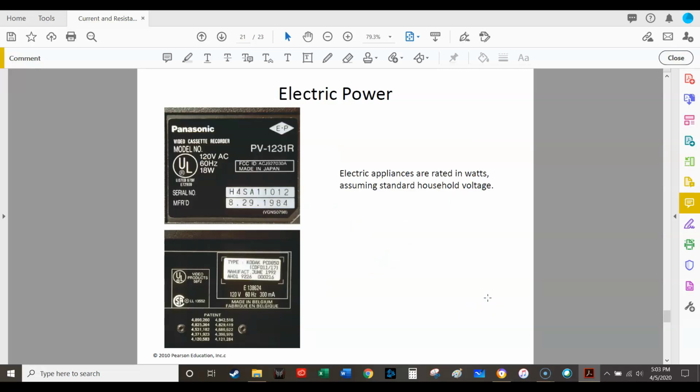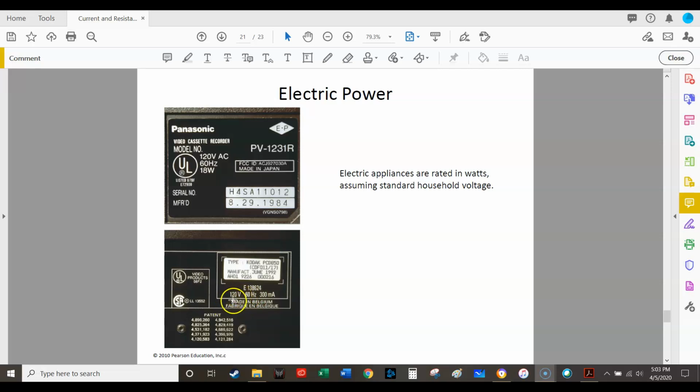Okay. You could find your power at the back of any appliance. It'll tell you how much voltage it's consuming.